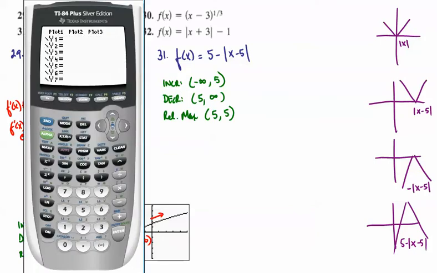Alright, so we have 5 minus, to get to absolute value on the calculator, you go to math, then over to number. Option 1, absolute value. 5 minus absolute value of (x minus 5), close parentheses, and we should be able to graph. Okay, I didn't zoom as I normally do. Zoom standard. There we go.